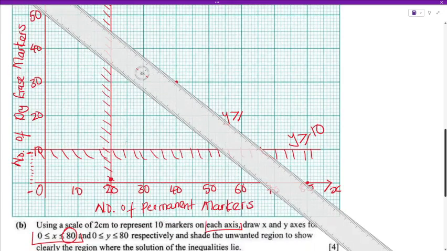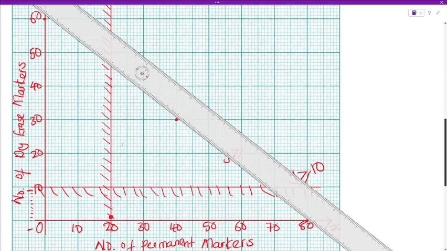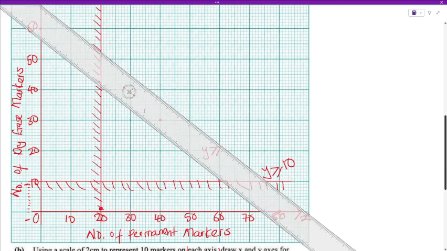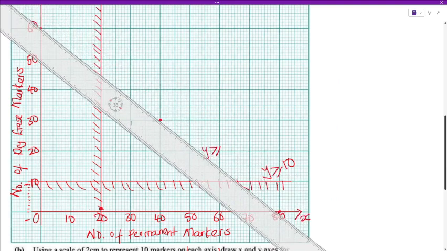Okay, I think I'll need to zoom out a little so that I can be able to see all 3 points.